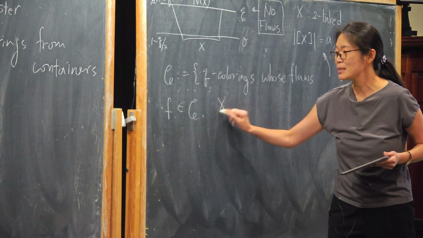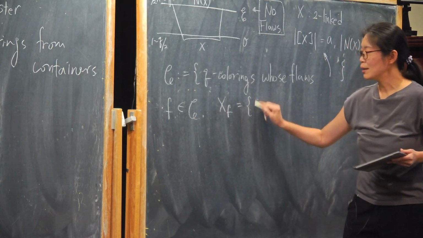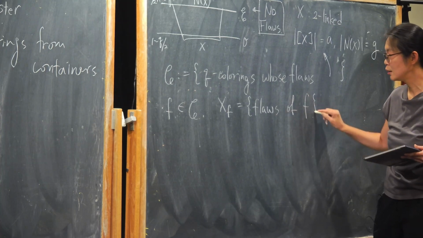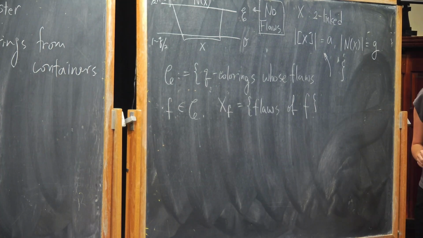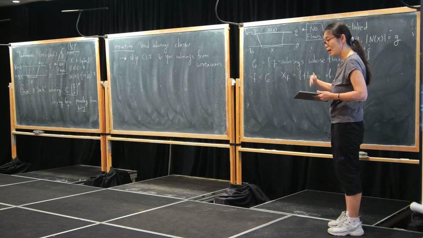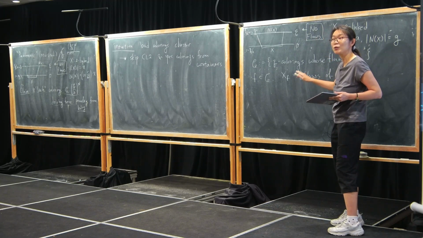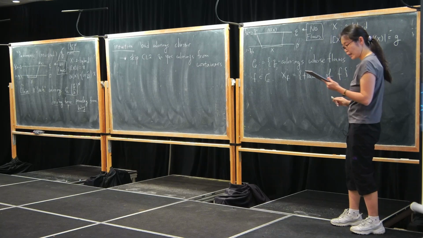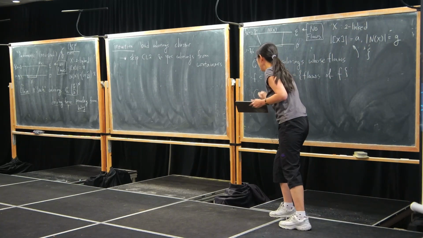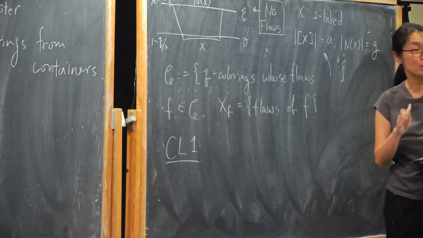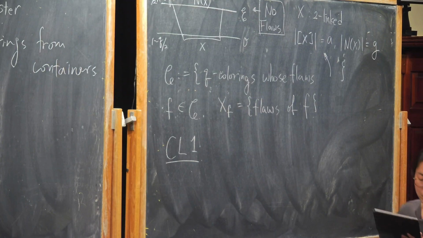And then we use XF. This is a set of flaws of F. So once you are given a bad coloring, you look at its flaws, and that becomes XF. So this depends on F. And if we apply the first container lemma, it's okay if you don't remember the statement, because now I'm reminding you.